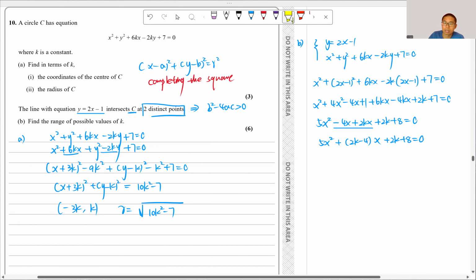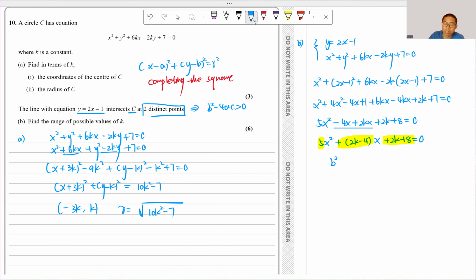Clearly a is 5, b is 2k − 4, and c is 2k + 8. So b² − 4ac > 0 will be (2k − 4)² − 4ac.